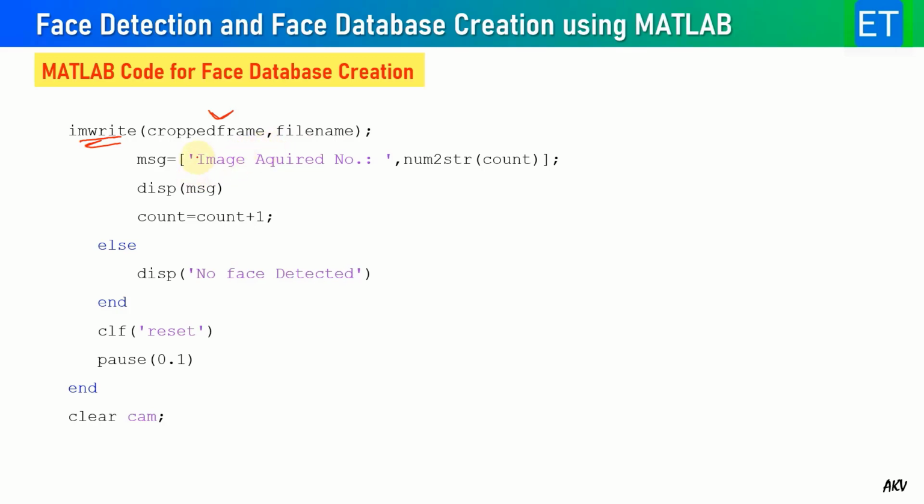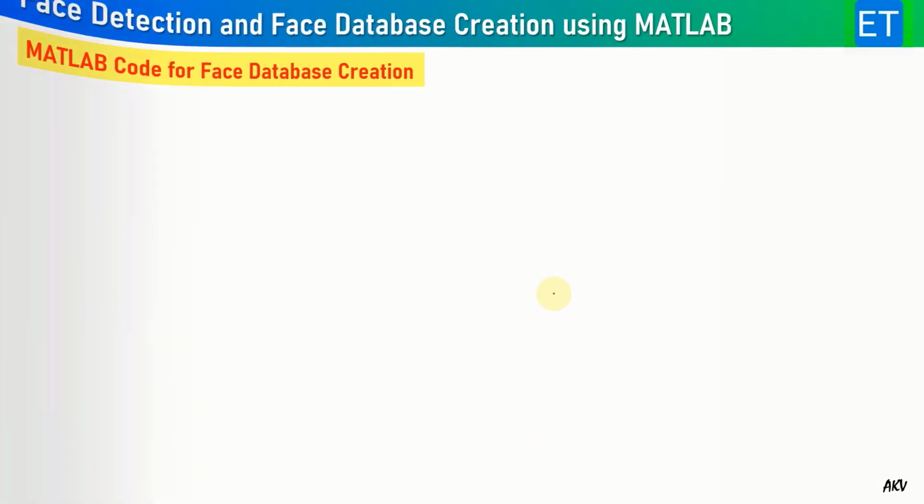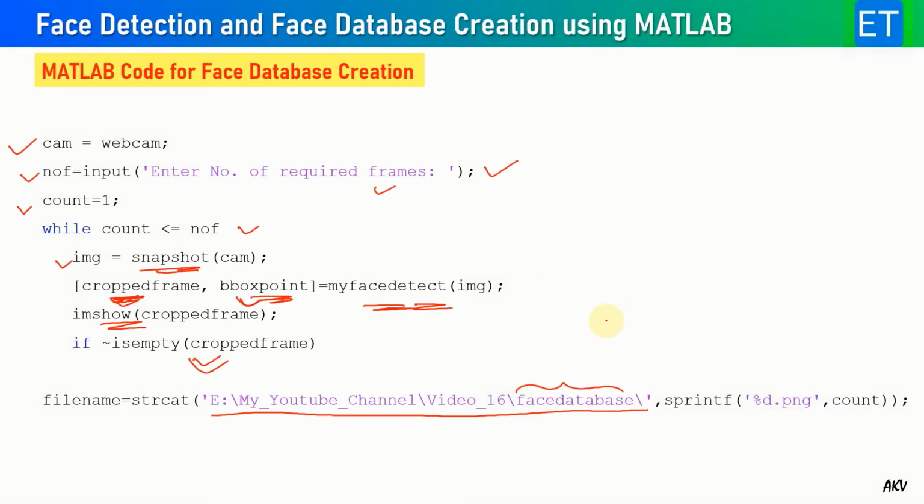The cropped frame will be written with the file name which I am providing with the loop. You can see here, this will provide the file name. Since count starts from 1 till NOF, that means number of frames, all file names will be 1, 2, and so on. Here you can see that I am storing the file in PNG format.